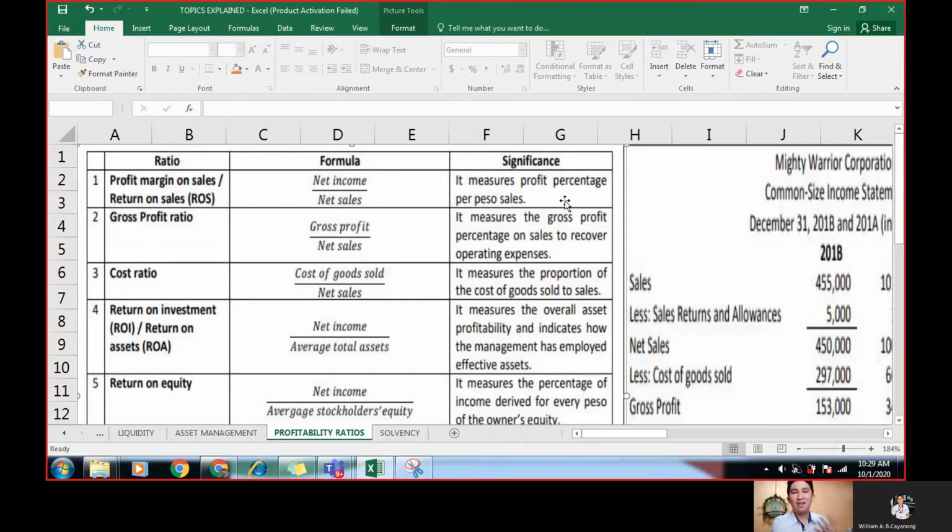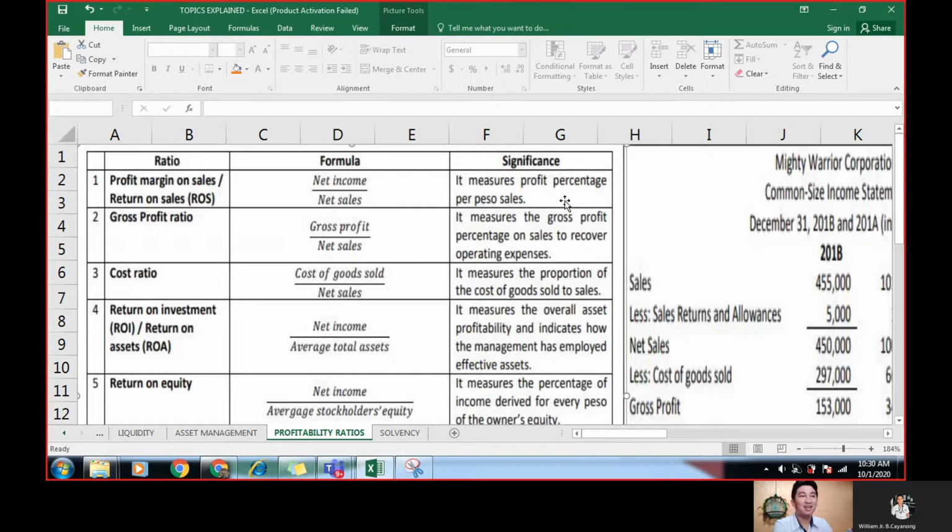So it will measure how much came back to you, or the percentage of your income out of your total sales. If your net income percentage is low, it means you did not minimize your expenses, because the income is small.